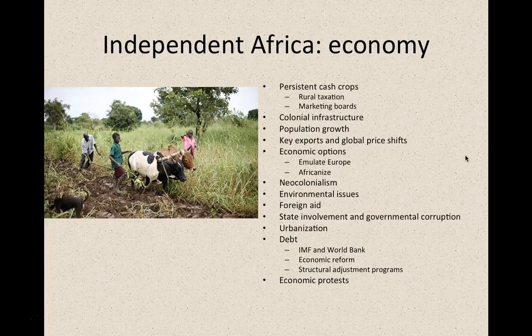Well, these rural African peasants really didn't have any way to establish contact with the outside world to deal directly with those who created demand for their goods, and so they had to work through these marketing boards and through government officials.